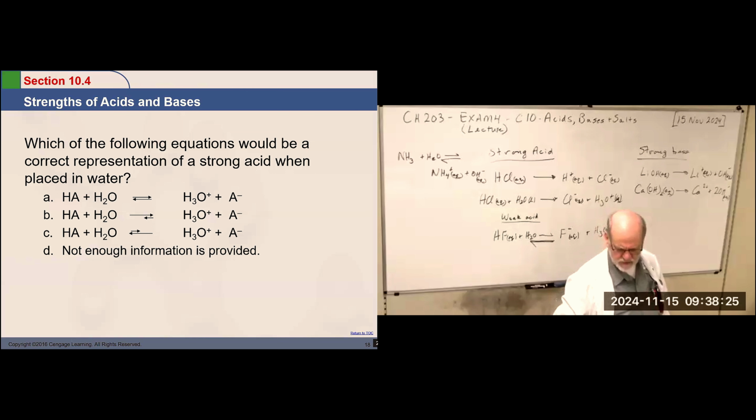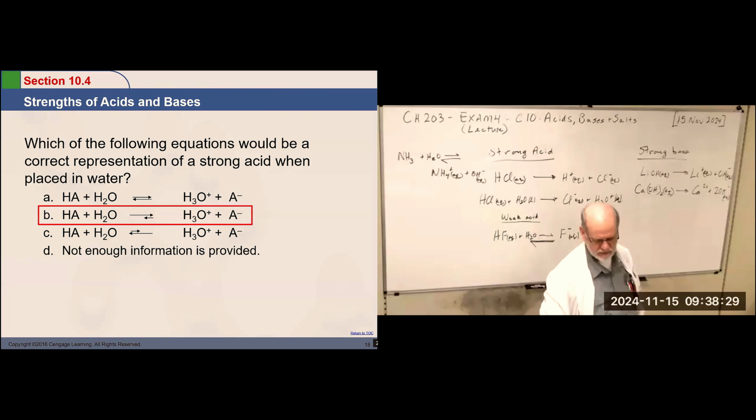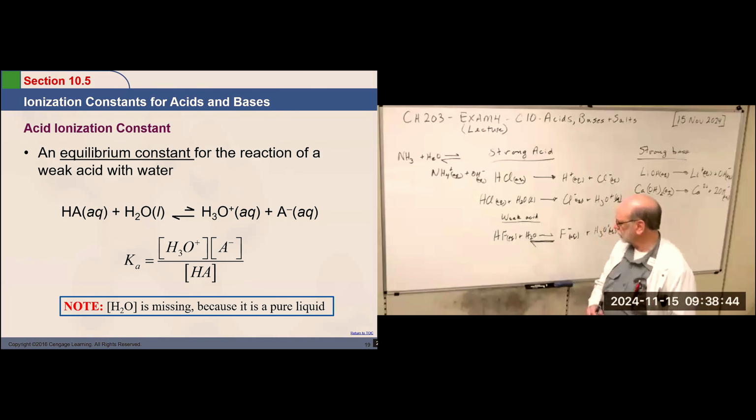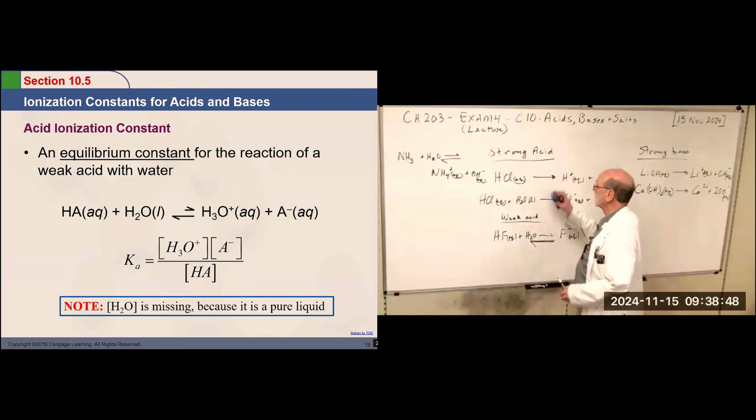Okay, which of the following equations would be the correct presentation of a strong acid when placed in water? That one, the big arrow to the right. Little arrow to the return. Actually, I wouldn't even put a little arrow to the return in there. Now, here it is.